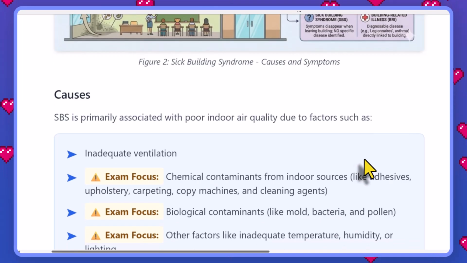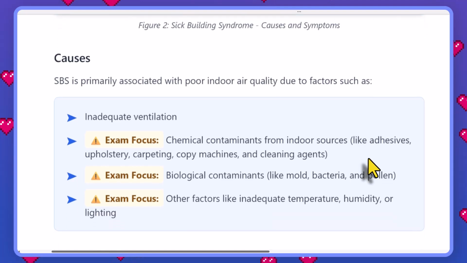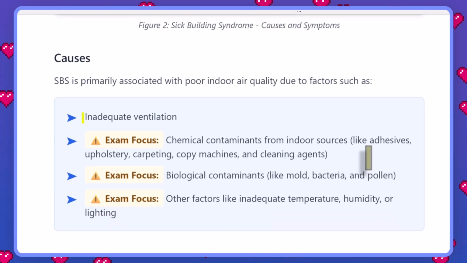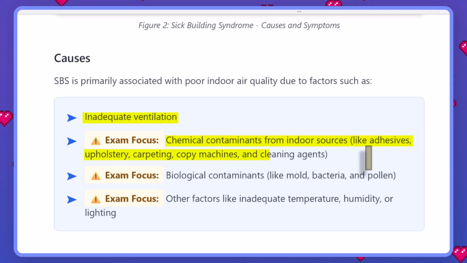The causes of sick building syndrome are closely linked to poor indoor environmental conditions. One major cause is inadequate ventilation, which allows pollutants to accumulate indoors. Chemical contaminants released from indoor sources such as adhesives, upholstery, carpets, copy machines, and cleaning agents also contribute significantly, a point that has been asked in exams.